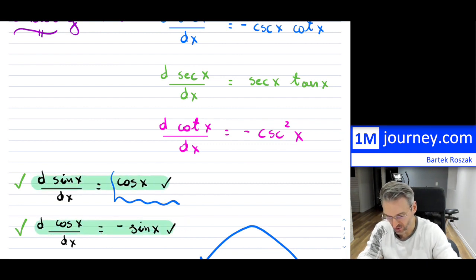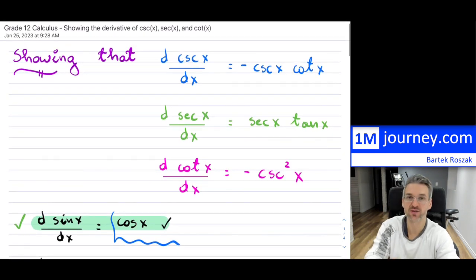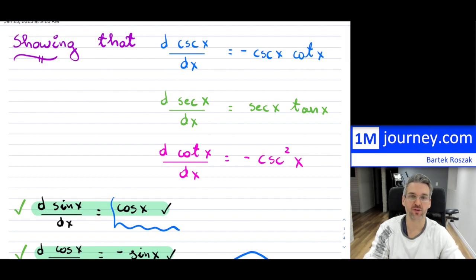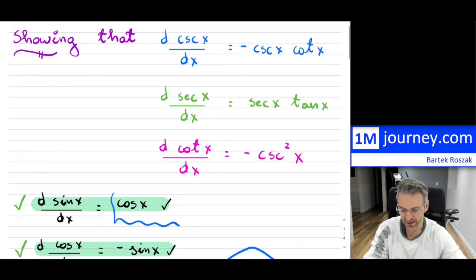And then when in doubt, when you are dealing with these, just remember the actual definitions of cosecant, secant, and cotangent. If you have done that from grade 10 and grade 11 and grade 12, for example, advanced functions, you'll be fine. Then deriving these derivatives should not be that bad.